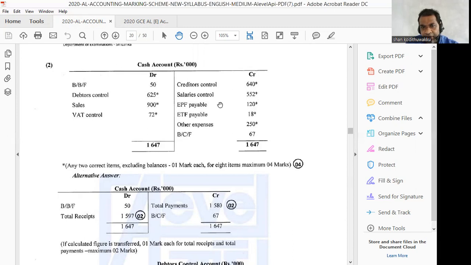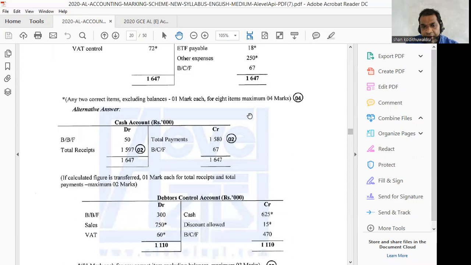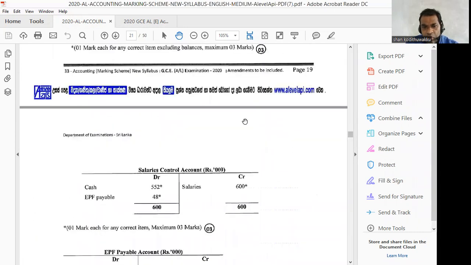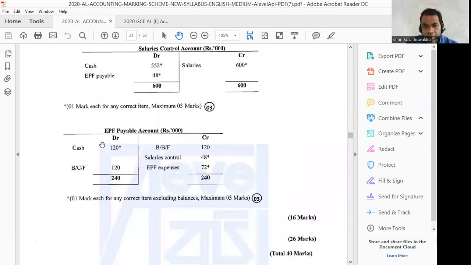Cash is a decrease, therefore we credit the cash account, and for a liability decrease, that's why we debit EPF payable. EPF payable is a liability account. For a liability decrease we debit. Therefore, we debit the EPF payable account and credit cash 120,000. That is what is related to the previous month.